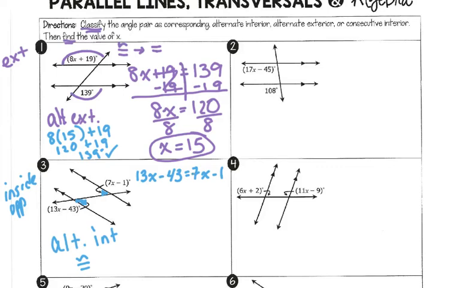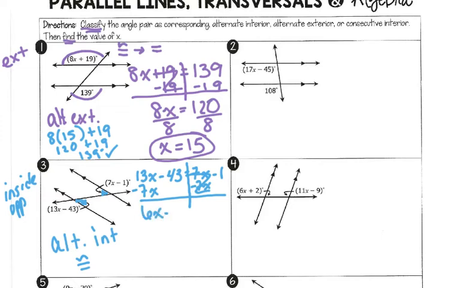And now you have to solve for your variable. Now remember, guys, you have variables on both sides, so you need to get variables on one side. It doesn't matter what side you go with. I'm just going to subtract the 7x because it's going to keep my variable positive. So now 13x minus 7x is positive 6x.